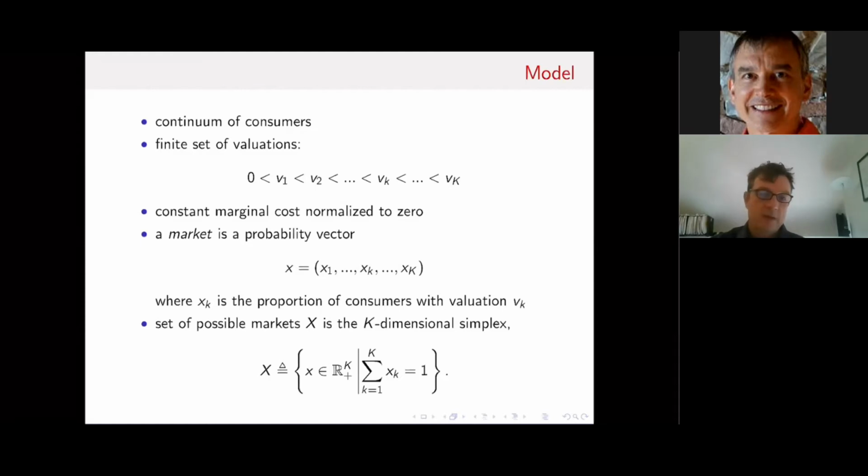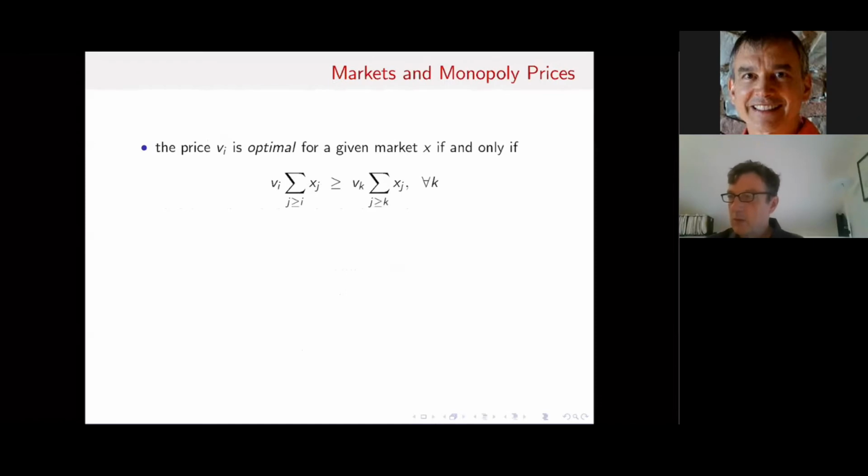That is, we have k minus 1 free variables. The k-th variable is then going to be determined by the restriction that we want to think about a probability distribution. Okay. Now, the market, from the point of view of the producer, is just a distribution over this valuation. So it's simply a vector X.